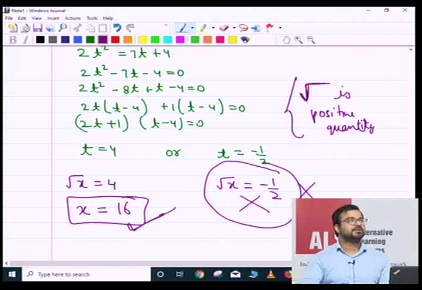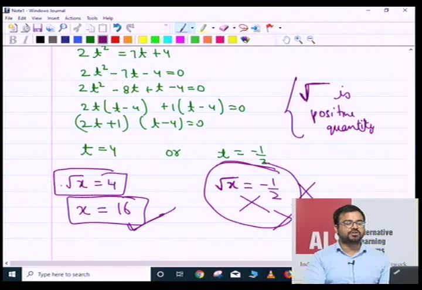This is the first thing you have to think. So this root x is coming out to be minus 1 by 2. This is not valid, because it can't be negative. That's why we have rejected this one. And root x is equal to 4, this is valid. So now squaring on both the sides, x is equal to 16.